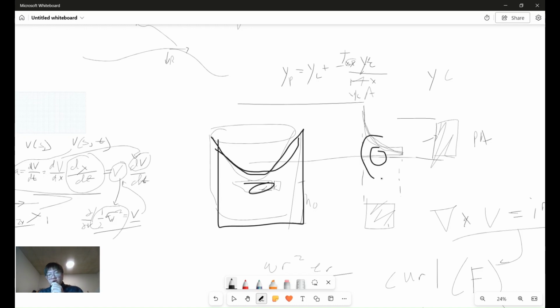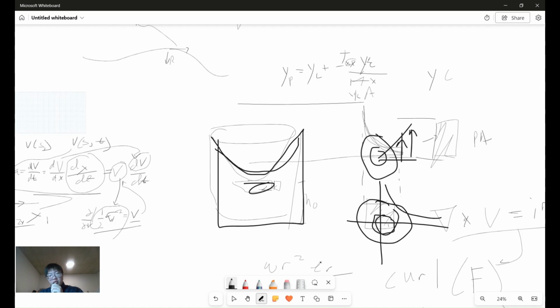Irrotational means a vortex like this, but the velocity profile is like this. Rotational is usually like this, the most basic one. There are other ones like this, but this is rotational everywhere. I mean, technically, it's rotational everywhere except the origin.